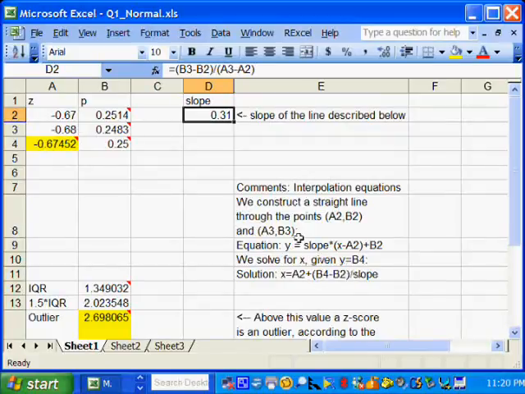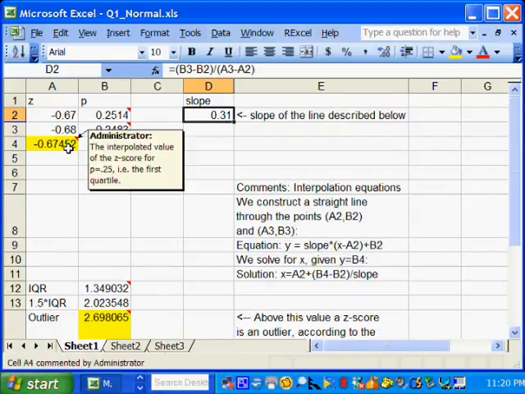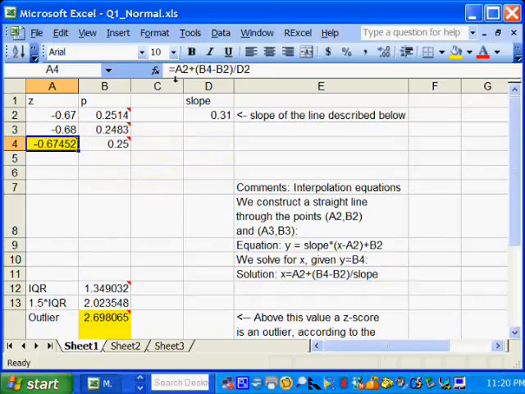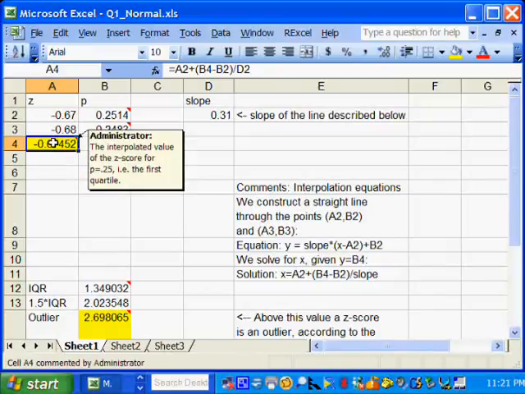I put this information in this cell, the interpolated value of the z-score, that means the first quartile. So let's review what's in this cell. Well, it's right here, a2 plus b4 minus b2 divided by d2, which is exactly what I have in this formula. Therefore, the interpolated value of the first quartile is in this cell, and I outlined how to compute it.